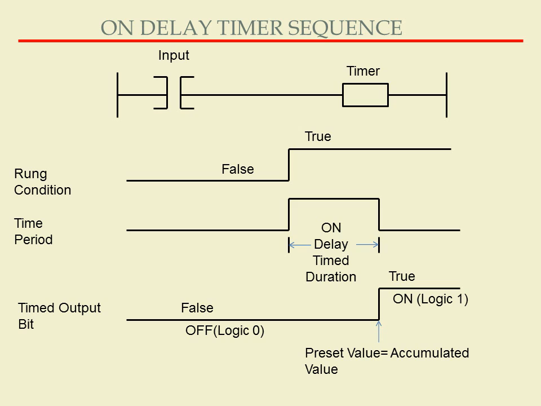I will repeat again. Timed output bit is false when rung condition is false. Also, when timer is running, that is timer is on, it is also false. But as soon as the timer has reached its value, it has completed its timing, the timed output bit will be 1.